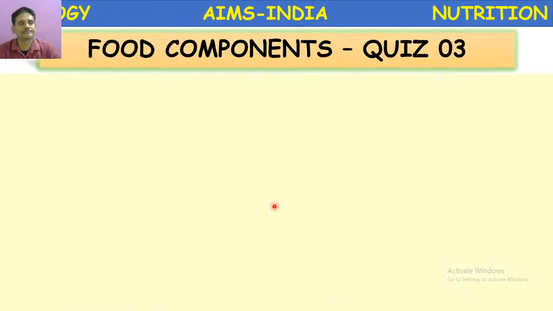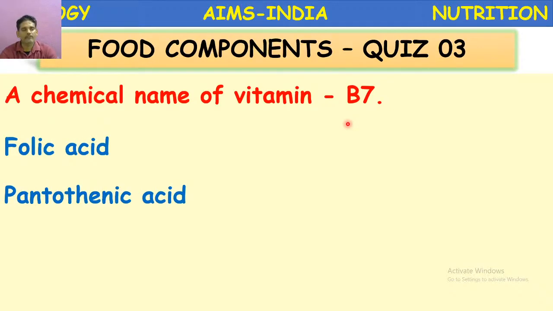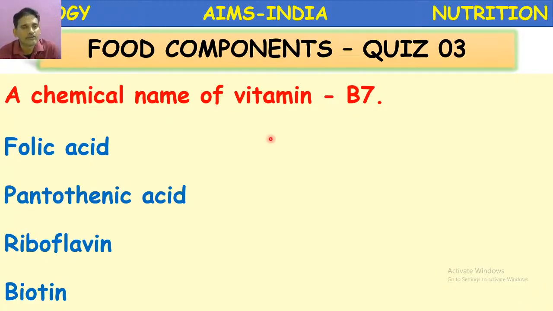Next question. A chemical name of vitamin B7. Folic acid, pantothenic acid, riboflavin, biotin. Come on, select the right option. In the discussion, I mentioned vitamin B7.